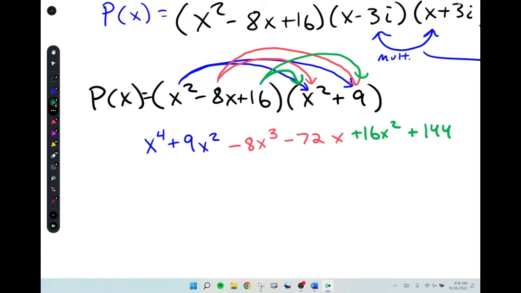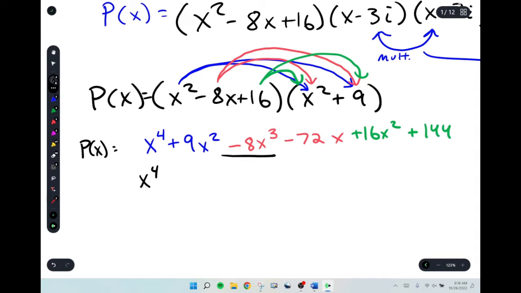All right. Any like terms we can combine? The like terms that we can combine are the ones to the power of 2 because it is the same thing. Okay, so that one stays the same. That one stays the same. The two x-squared terms combine to get you 25.